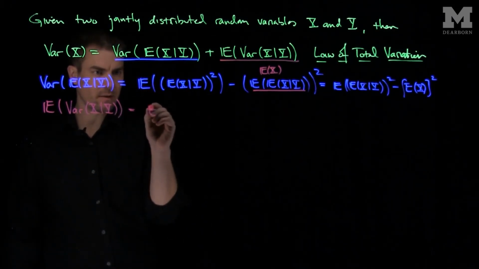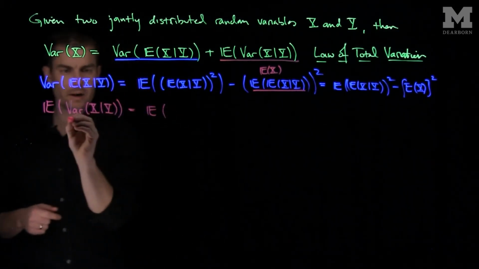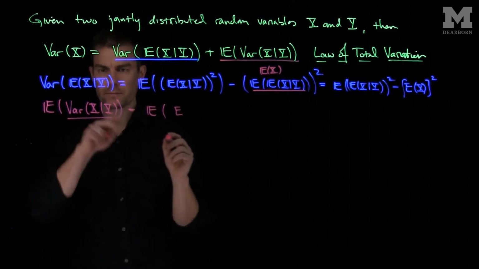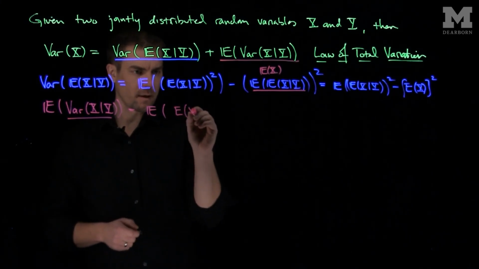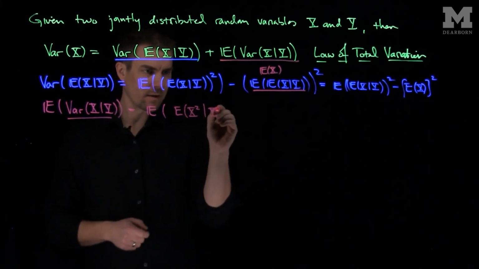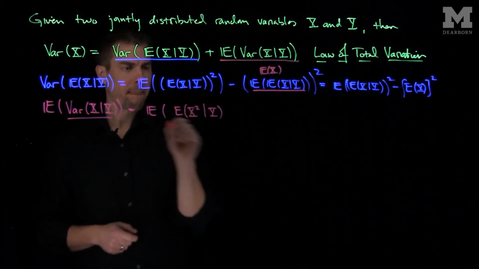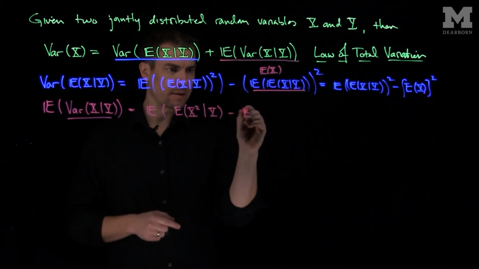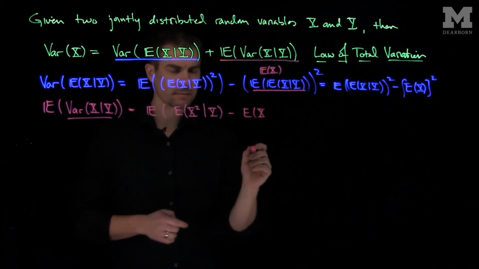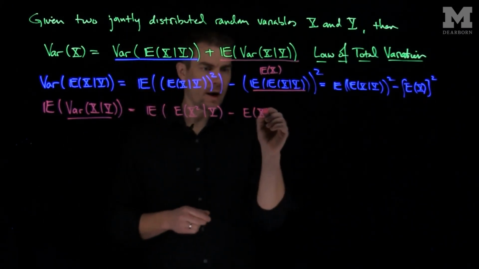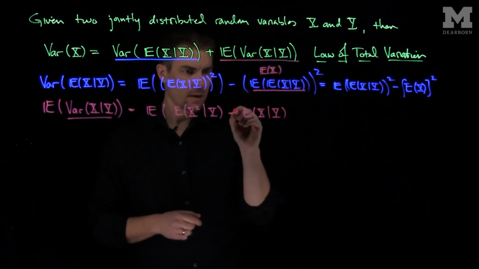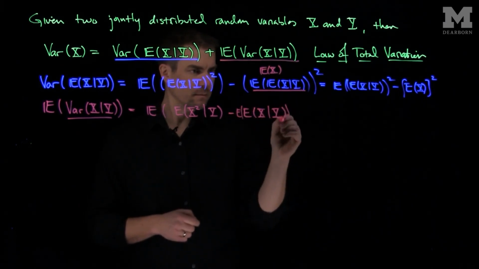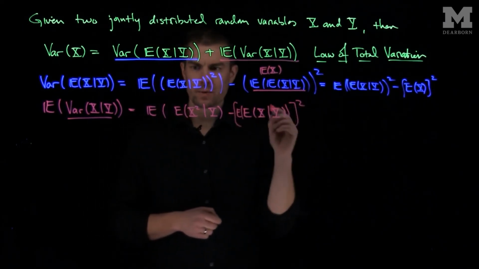To compute this variance, it is the expected value of X squared given Y, and then I have to subtract off the expected value of X given Y, quantity squared.